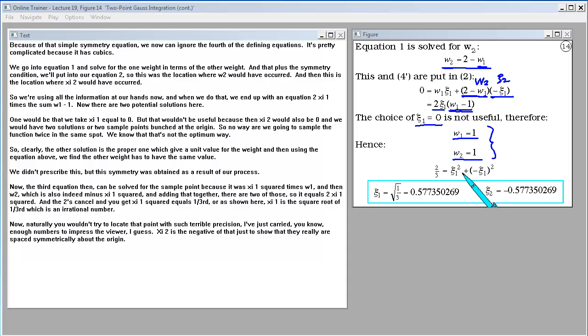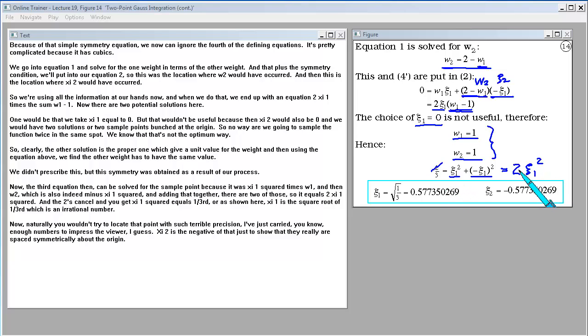Now the third equation then can be solved for the sample point because it was C1 squared times W1 and then W2, which is also unity, times minus C1 squared. And adding that together, there are two of those, so it equals 2C1 squared.